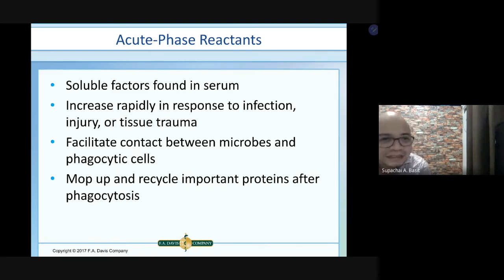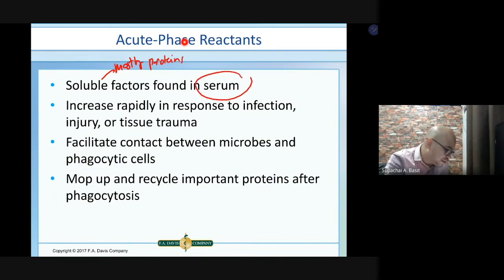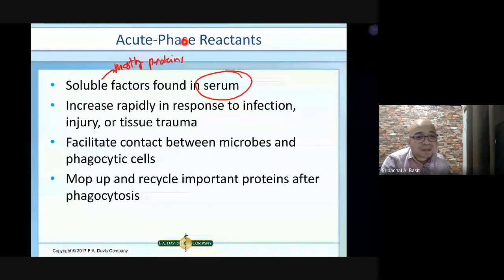Acute phase reactants are actually soluble factors, mostly proteins, and they are found in serum. Acute phase reactants such as the C reactive protein will increase rapidly in response to infection, injury, or tissue trauma.